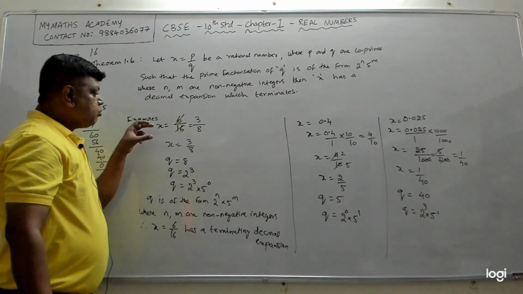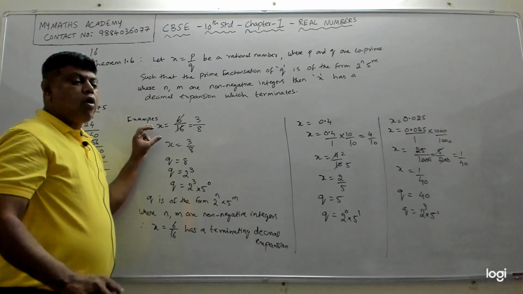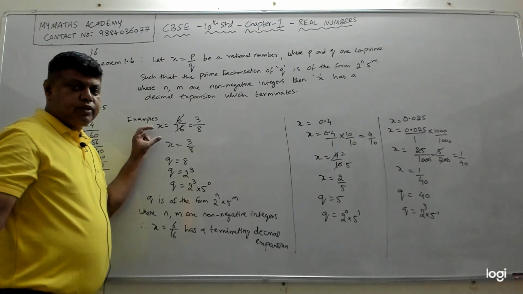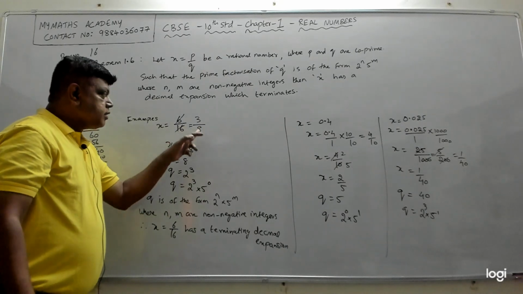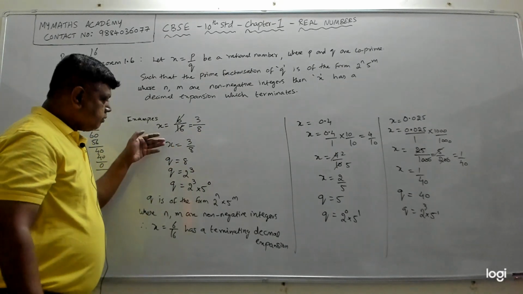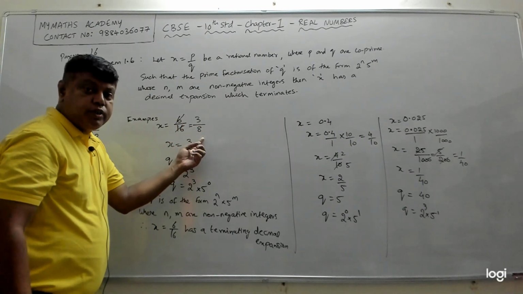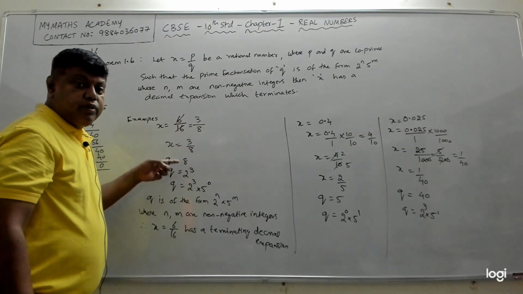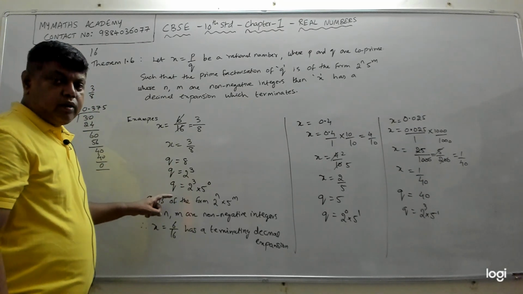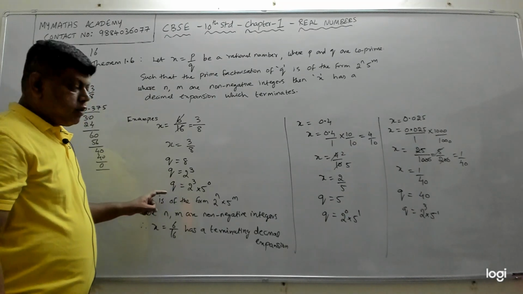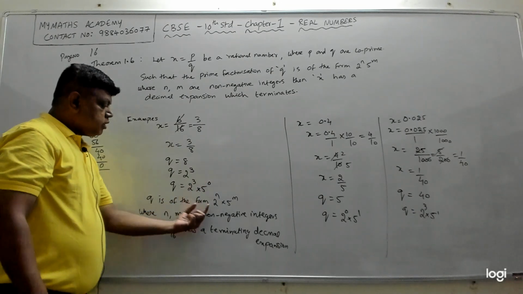Whenever they give you a fraction and ask you to check whether it has a terminating decimal expansion or a non-terminating but repeating one, which is coming in the next theorem, you have to take the given fraction, simplify it to the simplest form, then check the denominator q and do the prime factorization. 8 can be written as 2 cube, so q is 2 power 3 into 5 power 0, which is in this form.